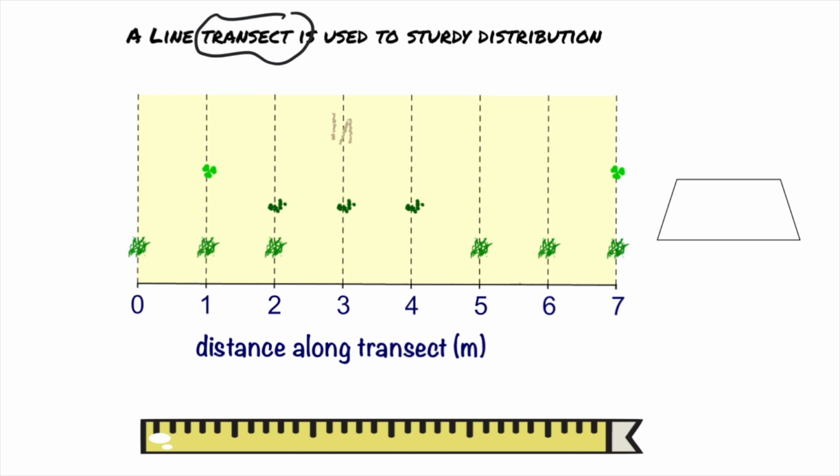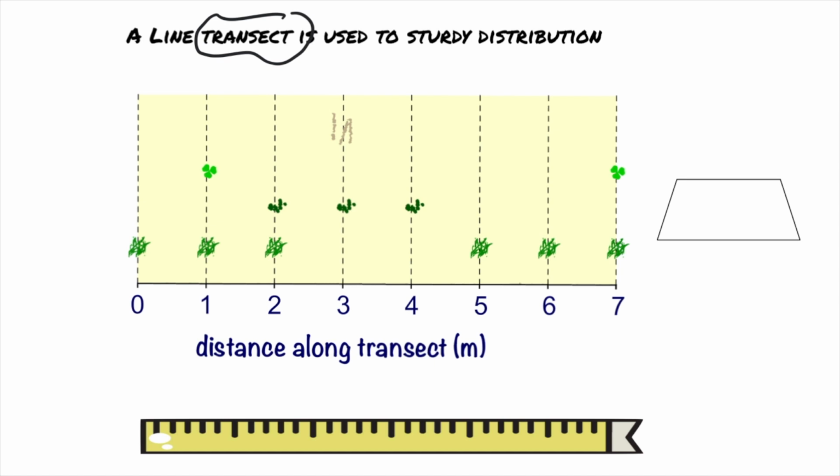I see at what distance these plants are touching my transect. Let's say I was studying this particular plant, then I will find that it's not found here at the beginning, not found at the end, it's mostly distributed somewhere here in the middle.